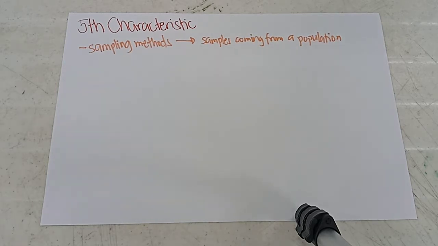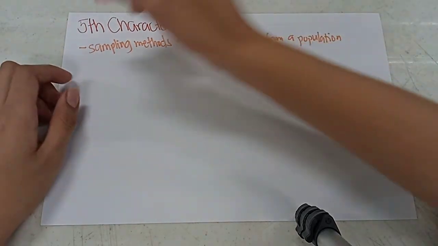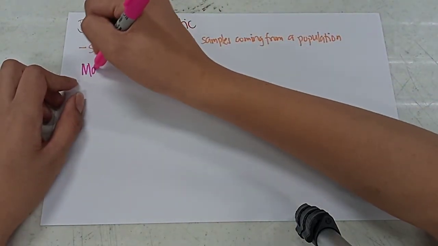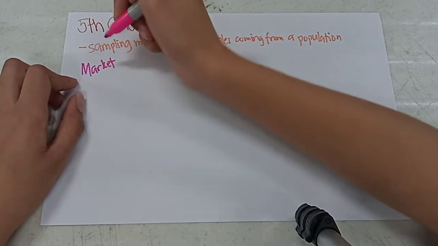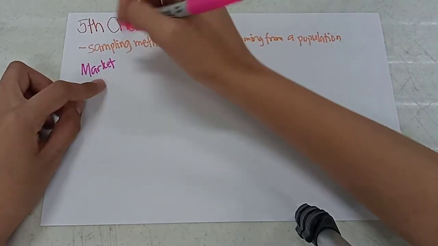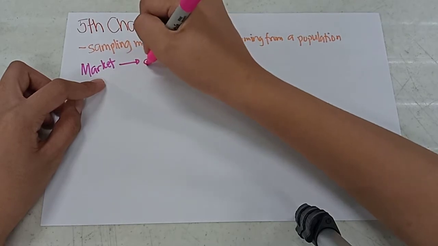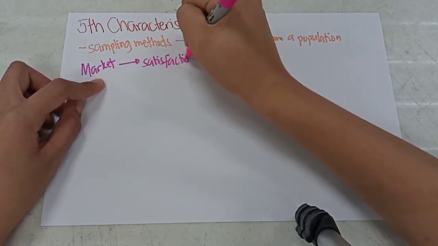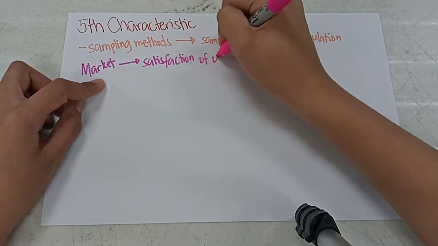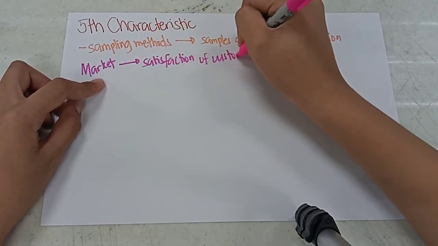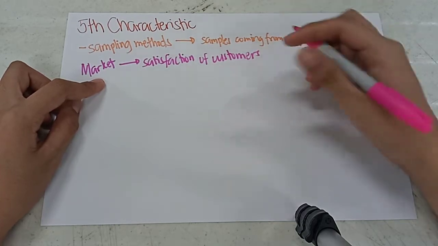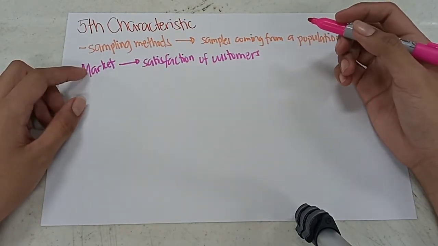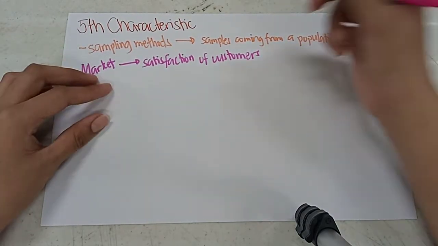So, to discuss the fifth characteristic, we will use this concept. For example, a certain market wants to check the satisfaction of customers in regards to their newly launched product.